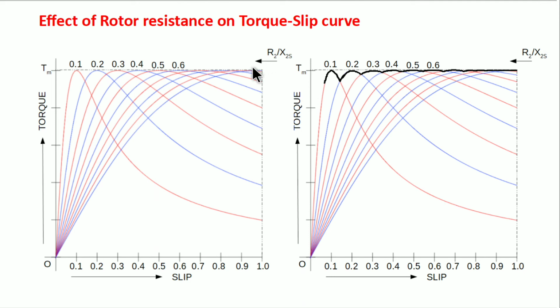Now, what we do in slip ring induction motors is insert a resistance equal to rotor reactance at the time of start, and we get starting torque equal to this maximum value. Then as the motor picks up speed, this curve is not very good. As the motor picks up speed and slip is decreased, this torque will fall.